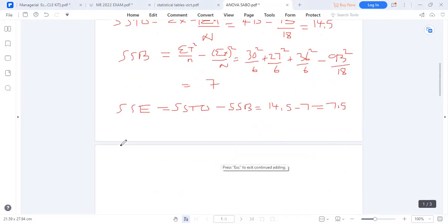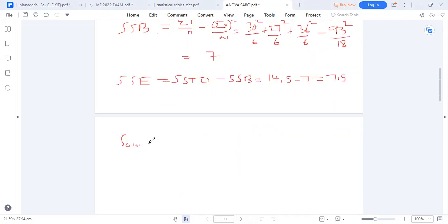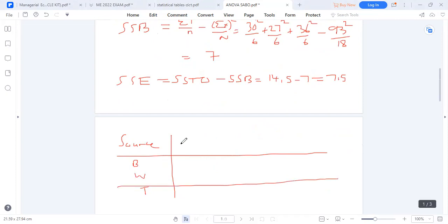So let's set up the ANOVA table. We have 3 sources of variation. What are the sources? Between, within, and total. So what is the sum of square between? 7.